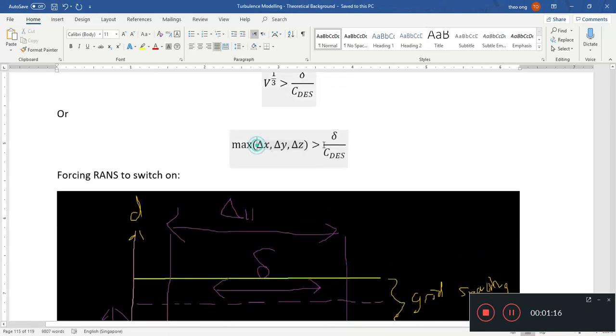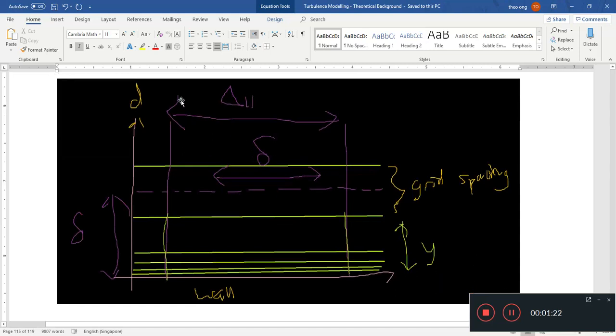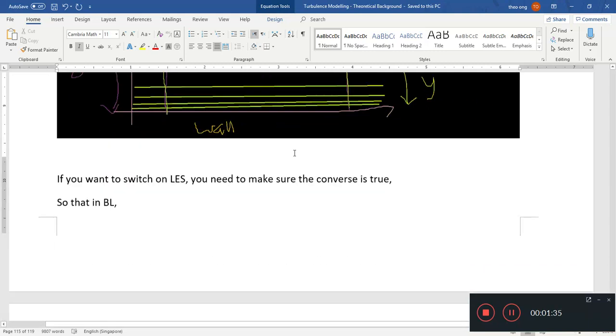So you have to make sure this condition holds, so that your filter length is more than delta over CDES. You have to make sure that the parallel length of the cells is very much bigger than delta, just to be safe.